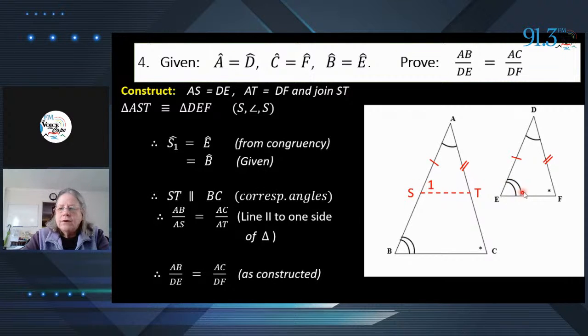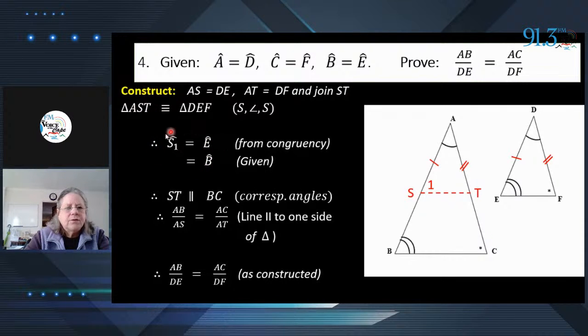But we also know that angle E is equal to angle B. So again, we have the concept that if S1 is equal to E and E is equal to B, we can conclude that angle S1 is also equal to angle B. Again, like I've mentioned in my previous video, this is your two-step deductive reasoning.